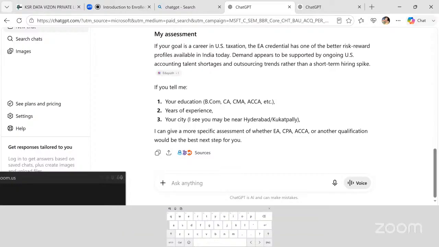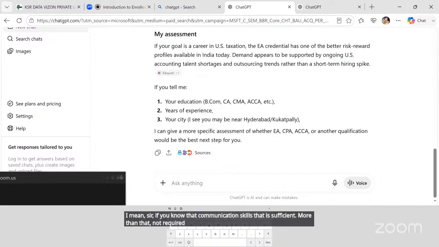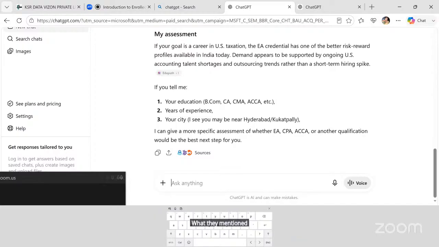Are there any prerequisites required for that? Sir, if you have good communication skills, that is sufficient. More than that is not required, because here the exam is the main priority. You need to be 18 years of age with decent basic communication skills; not very huge communication skills. Basic communication skills are sufficient to know what is mentioned in the 1040 file.